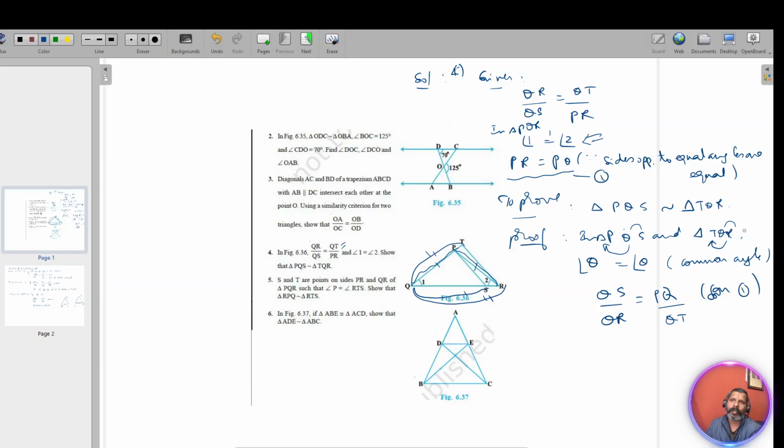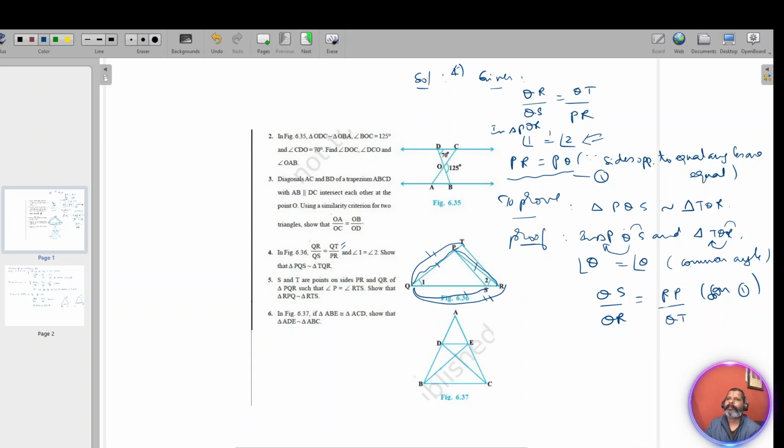Therefore, QS by QR equal to PQ by TQ. QP it should be actually, but QP means RP.